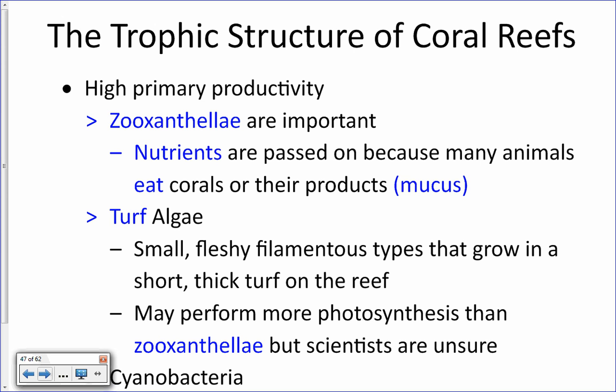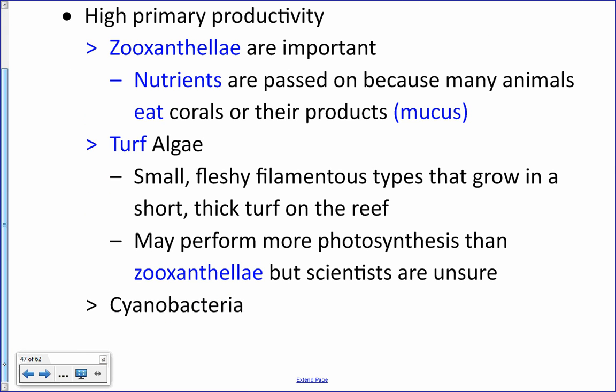And we're not sure, but scientists suspect that the turf algae actually does more primary productivity and therefore supports more of the ecosystem of the reef than the zooxanthellae does. Not sure, still trying to figure that out, but it's possible because there's a lot of turf algae. You also have cyanobacteria, which will do photosynthesis as well. And like the zooxanthellae, energy will get passed on when it gets eaten.